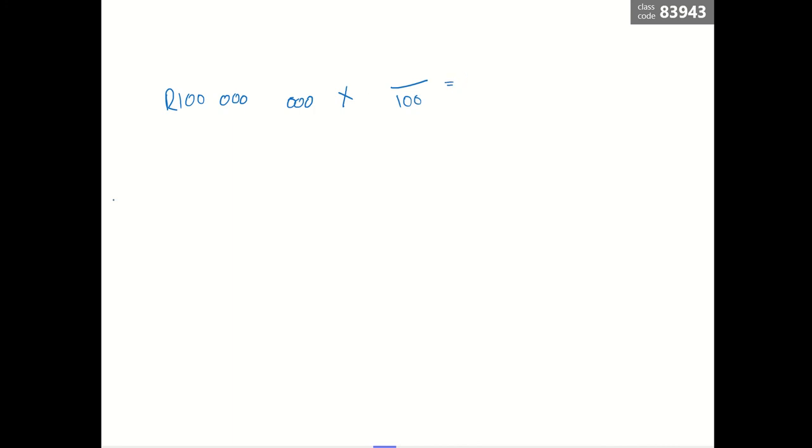And this you need to understand: the difference between basis points and percentages. A basis point, 1 basis point, is equal to 0.01%.